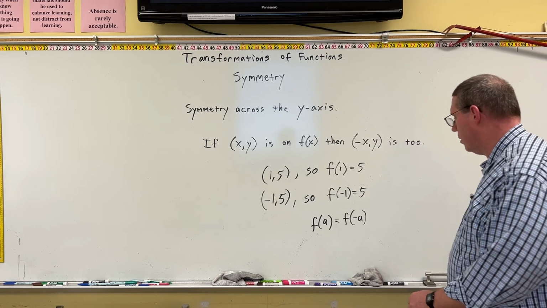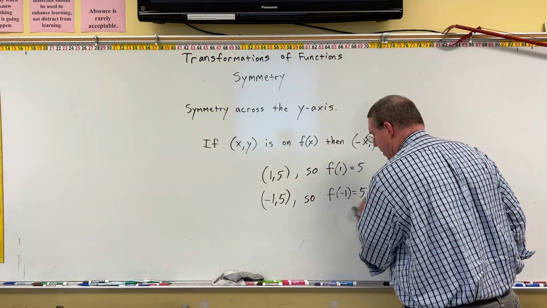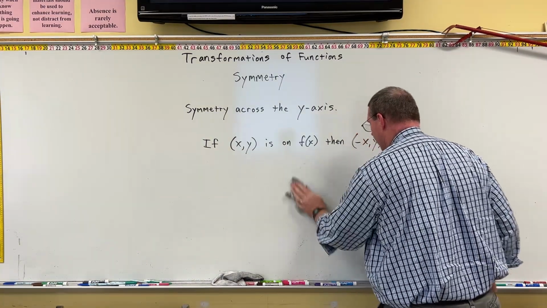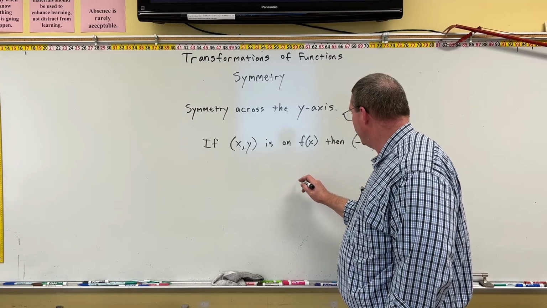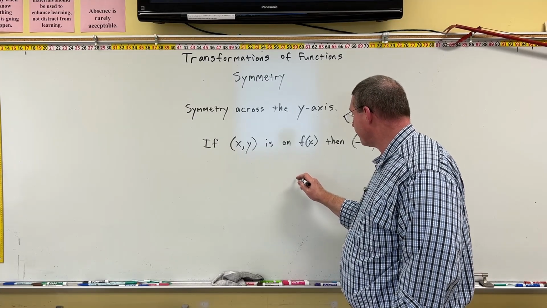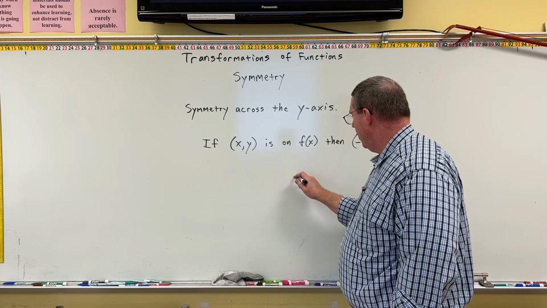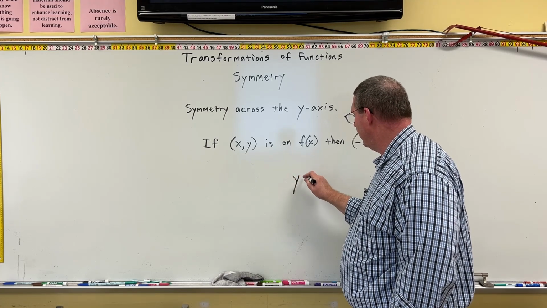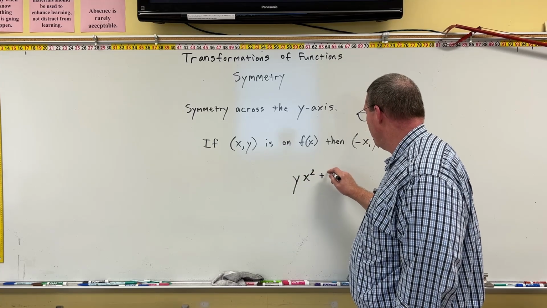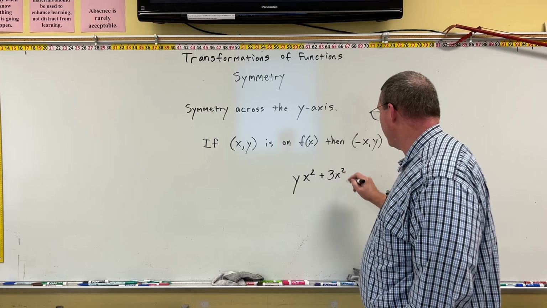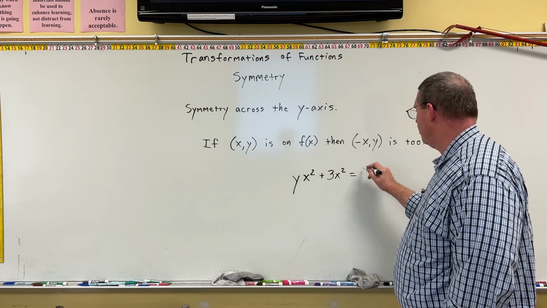So one way that you can apply this is by plugging it in. You might be given a particular relation, like y times x squared plus 3x squared is equal to 7.